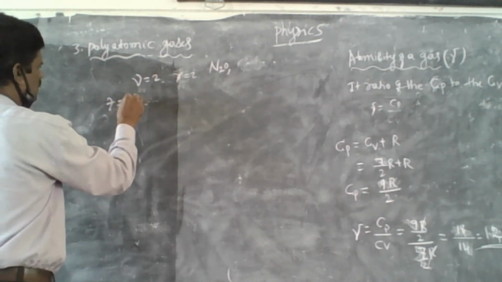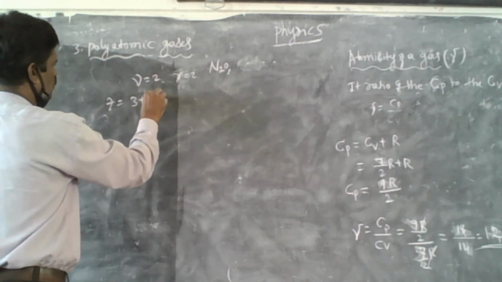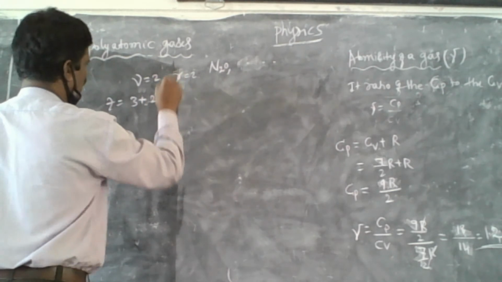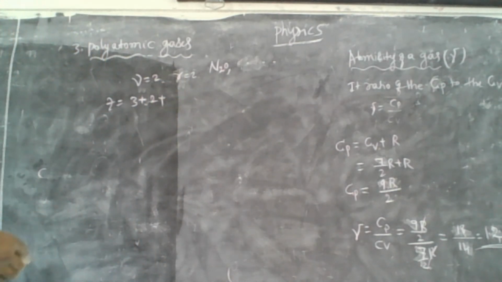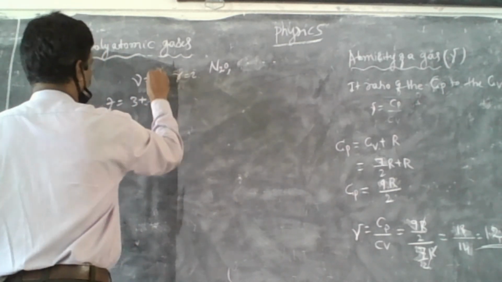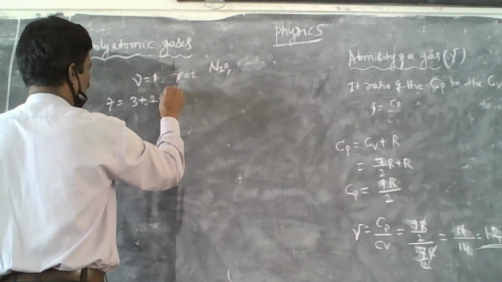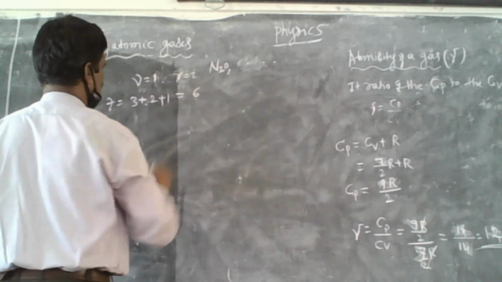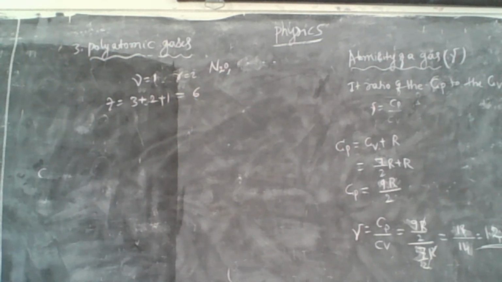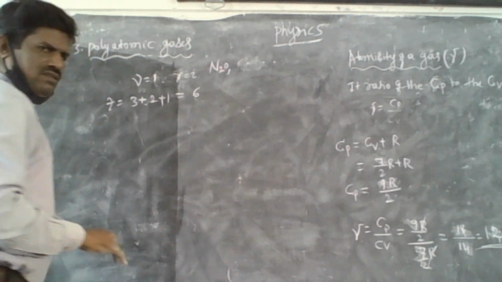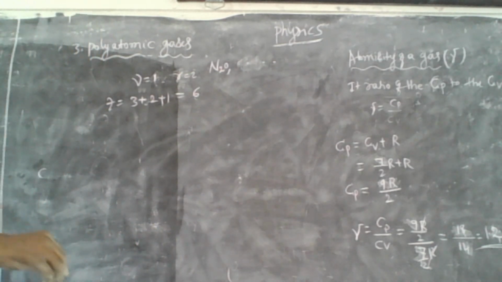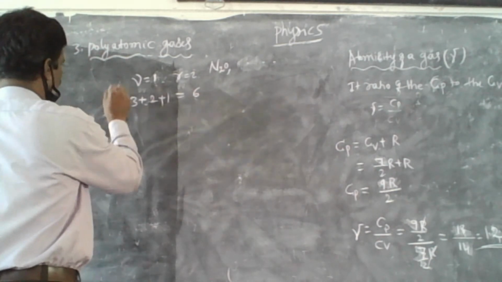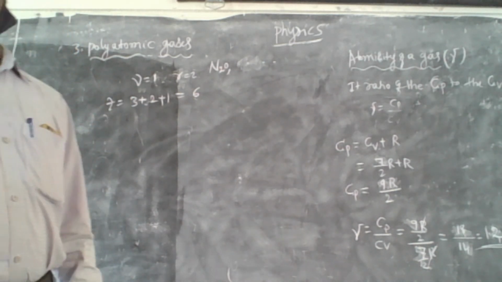So therefore, the total number of degrees of freedom is F equals 3 plus 2 plus 1. 1 means here 1, sorry, nu is equal to 1. Therefore, 6 degrees of freedom are required to specify the gas molecules.